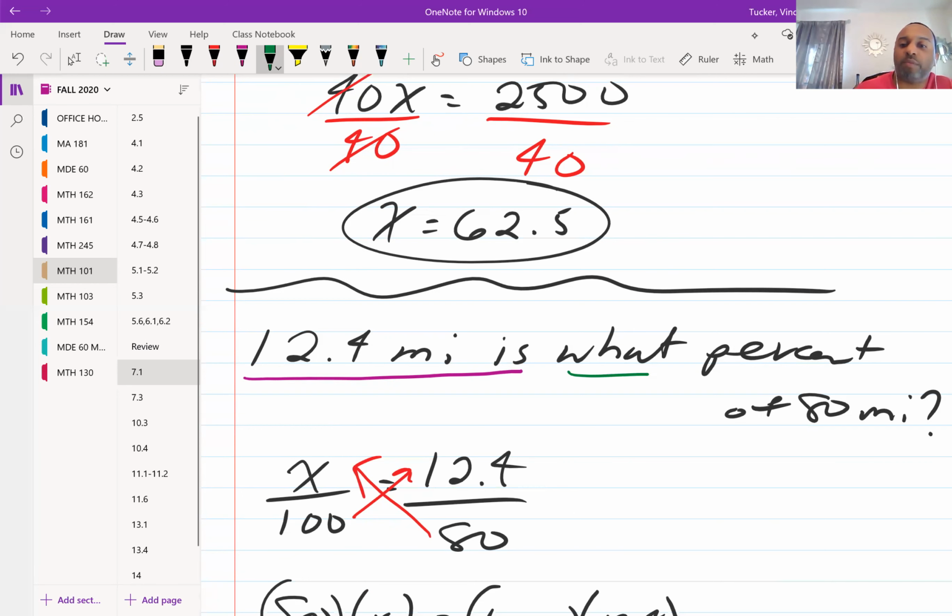This time, what percent? My percent is going to be unknown. And then we have of 80. So what percent? That'll be x over 100. Is 12.4 over of, which is 80.